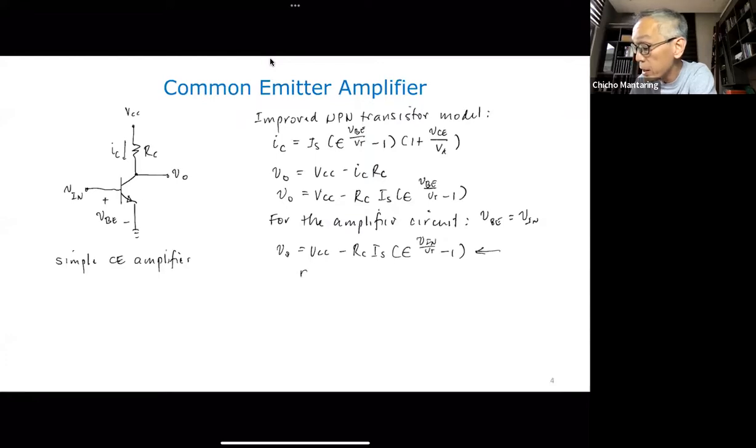So this relates the input to the output. In other words, for a given value of V sub in, we can compute for V sub O. So for a given V sub in, we can determine V sub O.